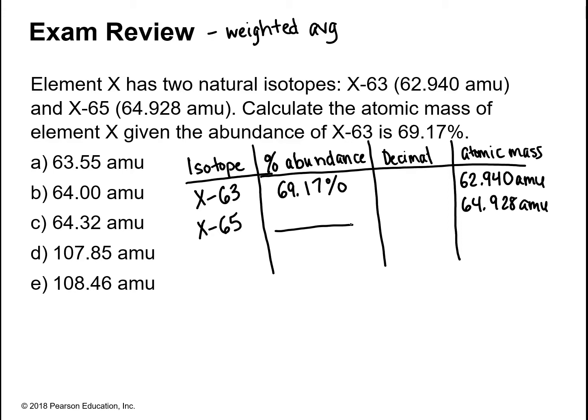What do we have to do here? Exactly right. You have to subtract the percent abundance that you have from 100, because your total should always be 100%.